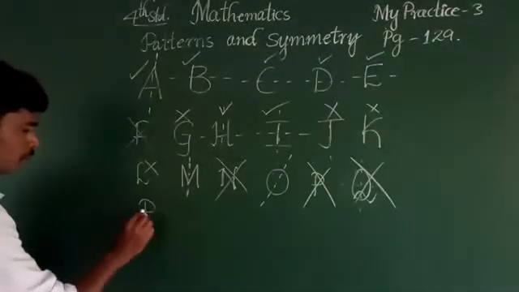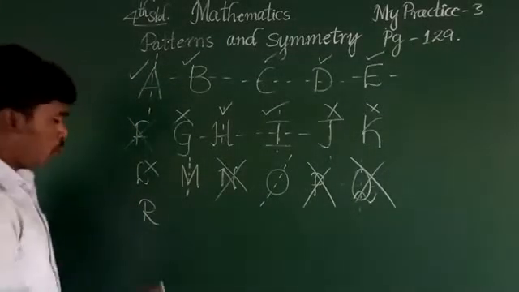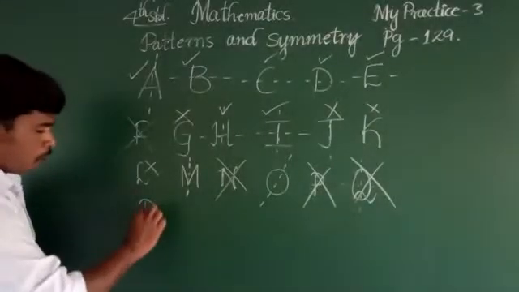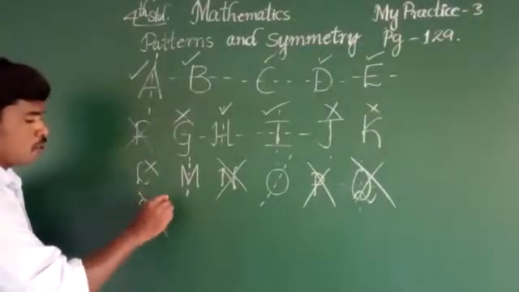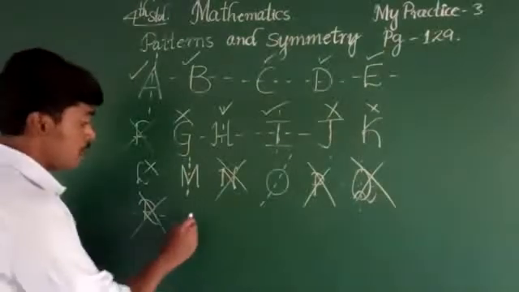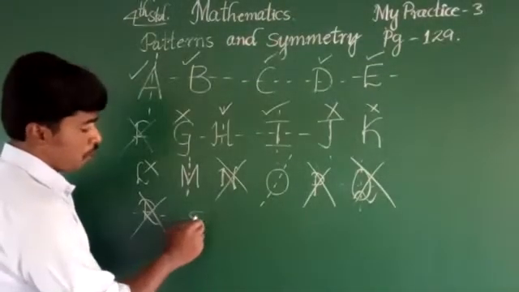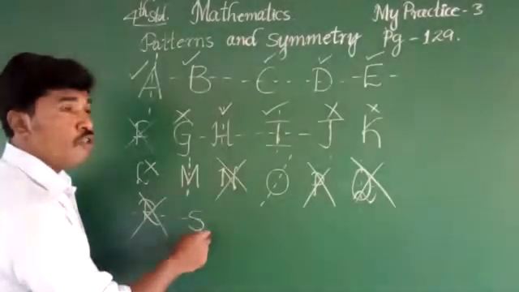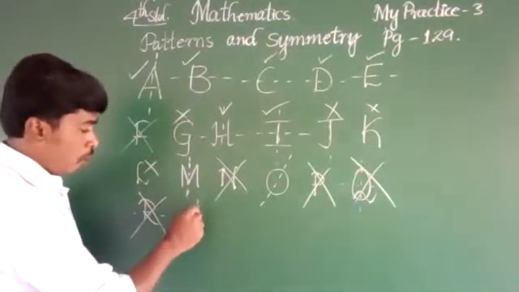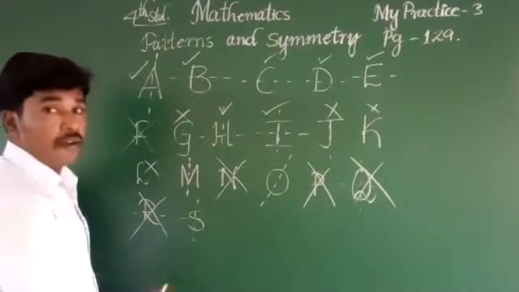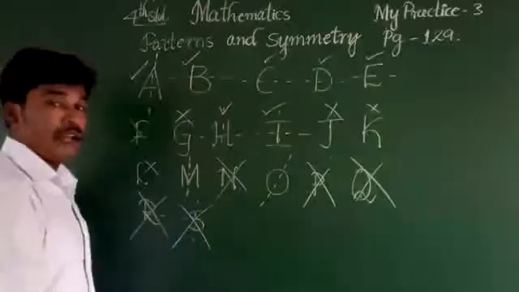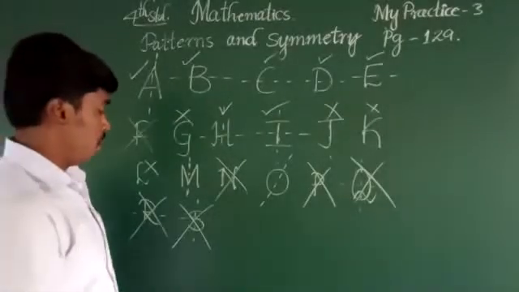R, does R have one? No dear children. Observe top and bottom are different. So it also does not have. S, does S have a line of symmetry? Your top is not equal to bottom, or left hand side is not equal to right hand side. S also does not have a line of symmetry.